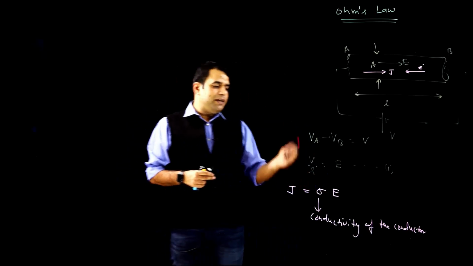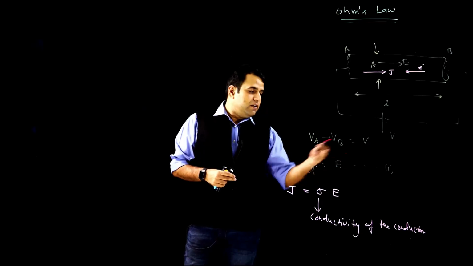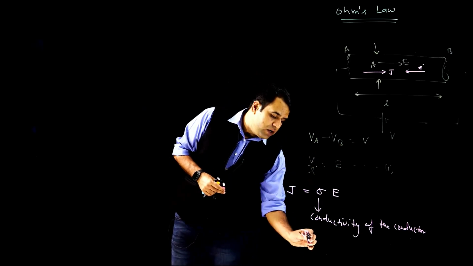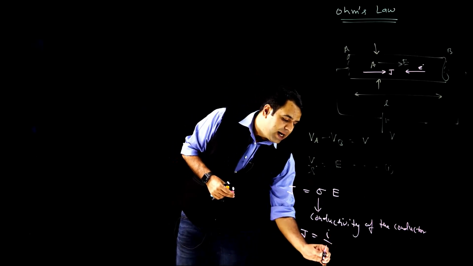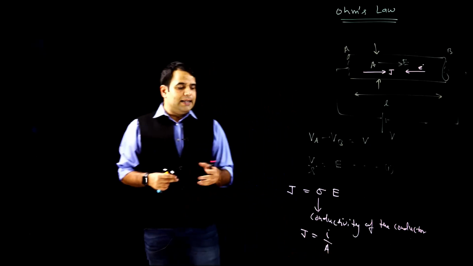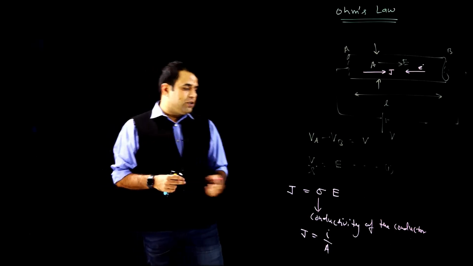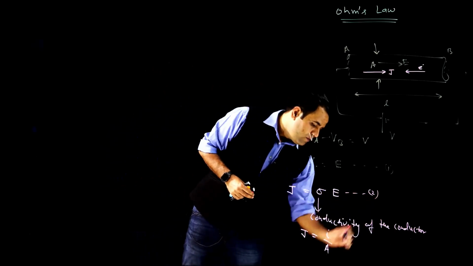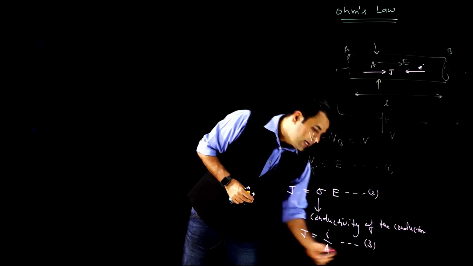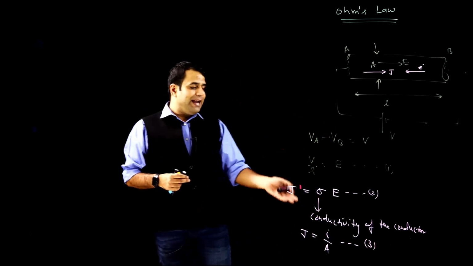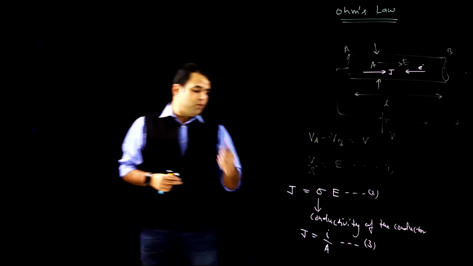What we will do, we'll replace the values of J and E from the given equations. We already know that the value of J is equal to I by A. The current density is equal to current divided by cross-section area. So from equation 1 and equation 3, if we put the values of E and J in equation 2, what will we get?